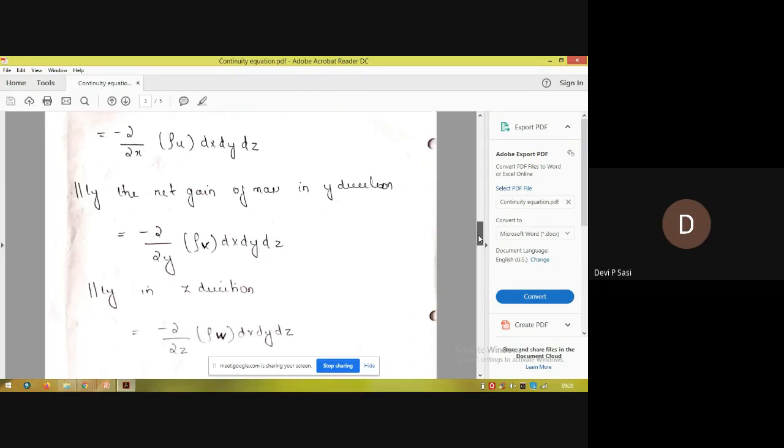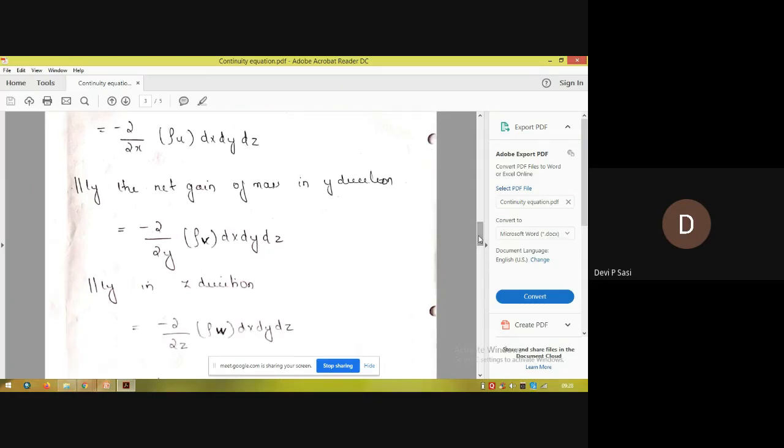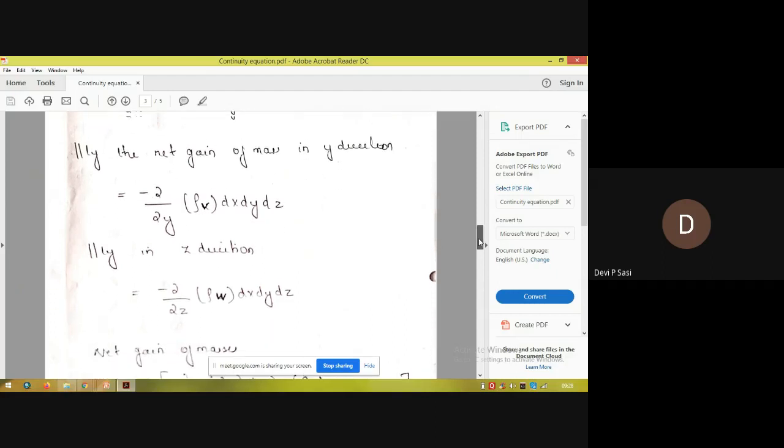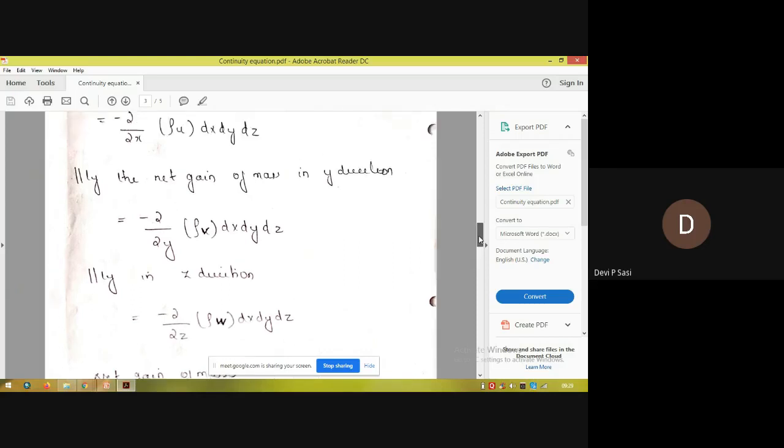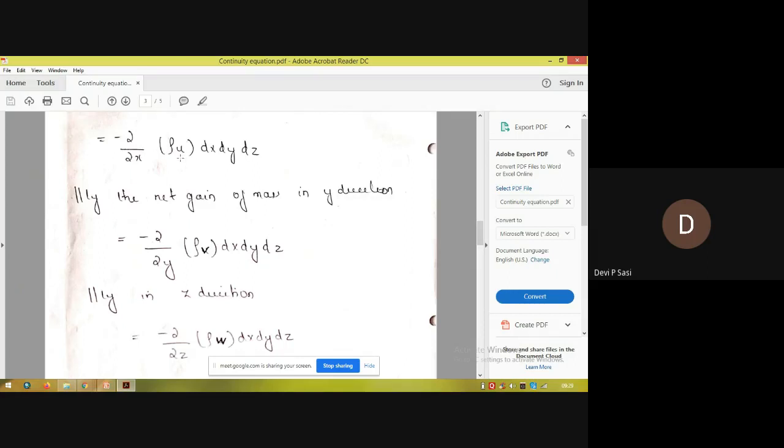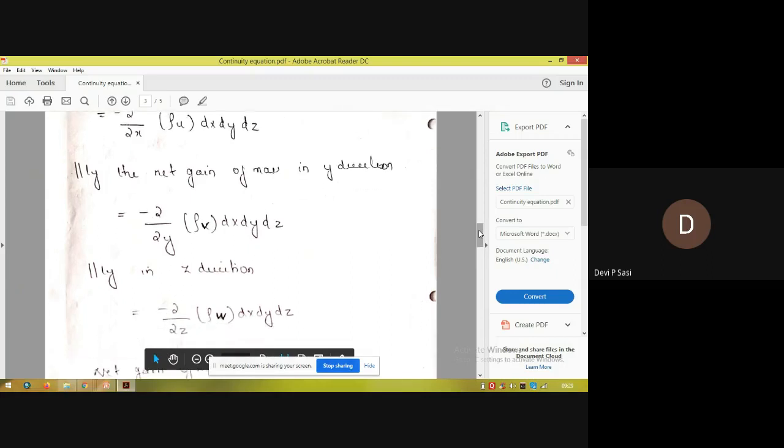Then what will be the net gain of mass in z direction? Minus dou by dou z of rho into w into dx dy dz. Why is w coming there? Because w is the velocity component in z direction. Now, the net gain of mass is the sum of these three: minus dou by dou x of rho into u into dx dy dz, plus minus dou by dou y of rho into v into dx dy dz, plus minus dou by dou z of rho into w into dx dy dz.